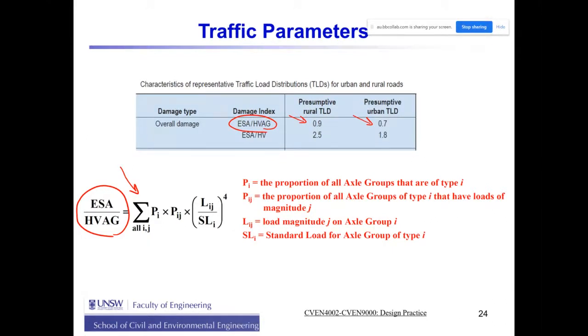For a rural area, the presumptive value is 0.9. For an urban area, the presumptive value is 0.7. So for light traffic roads, you can simply use these two values in order to determine the design traffic and damage index.